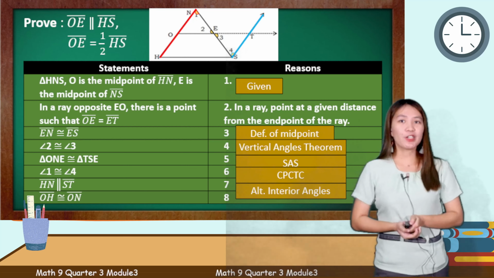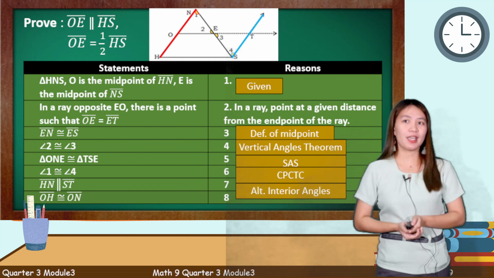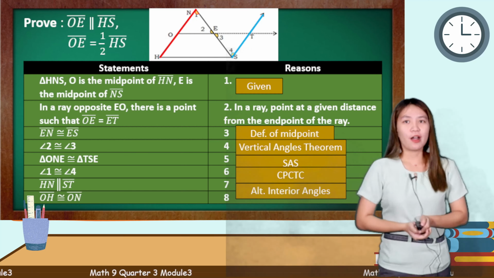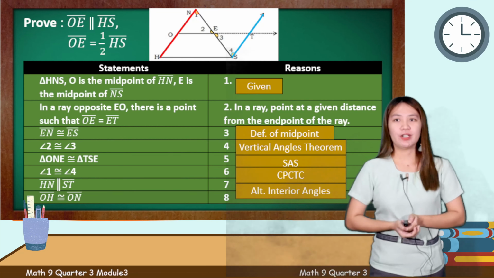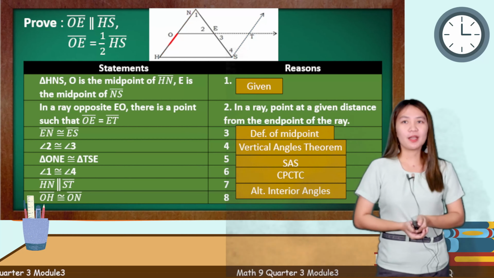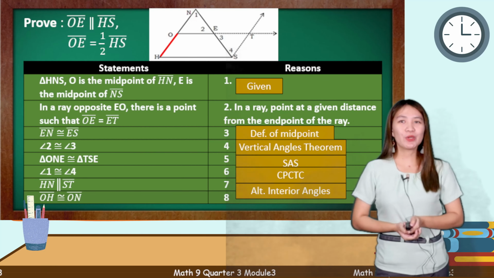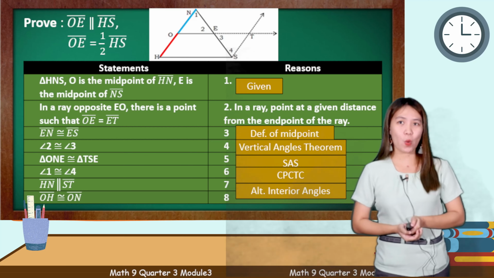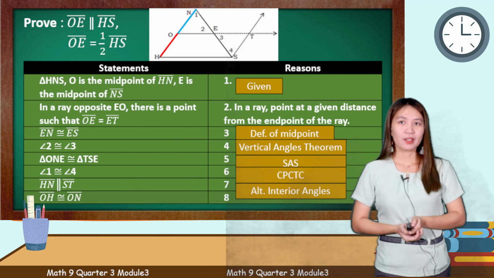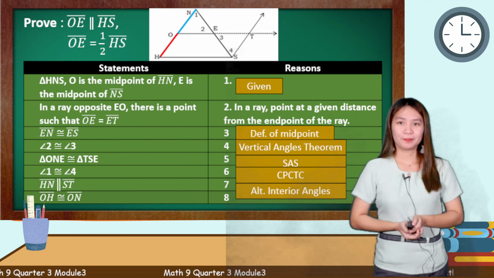And if we have alternate interior angles, then that means to say that the two segments are parallel to each other. Next, segment OH is congruent to segment ON. What is the reason?